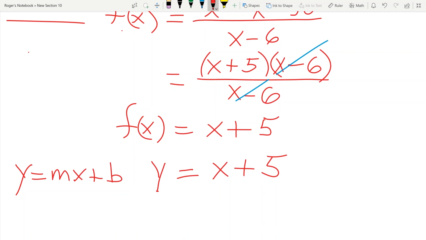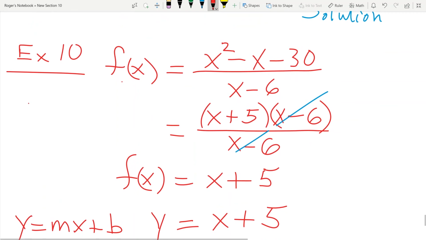In fact, if you come back over here to the graph and take a look, you will discover that in fact it is a straight line. But before I go to the graph, I want you to look up here at the top and take note that we are dividing by x minus 6. There is a value of x which we are not allowed to include in the domain.